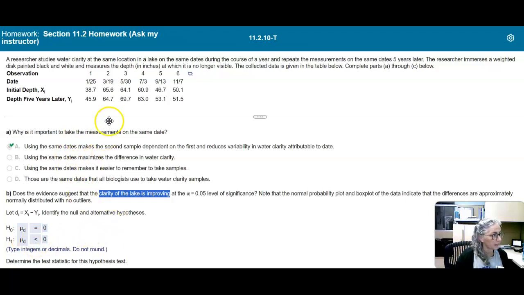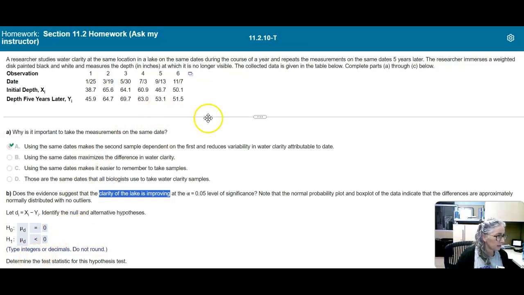If this was positive, like in this March one, where it went the other direction, that means it got less clear. We're trying to figure out whether we've got a statistically significant increase in clarity between these two different measurements. And that's how you make that decision.